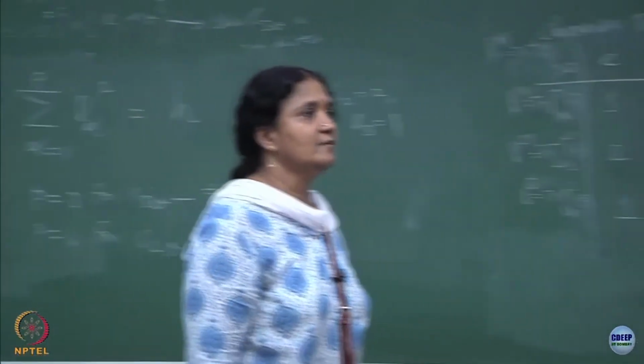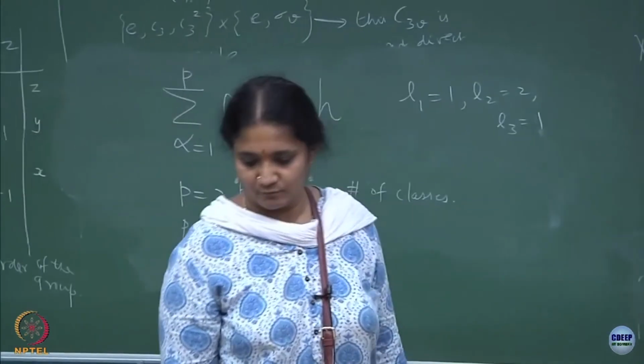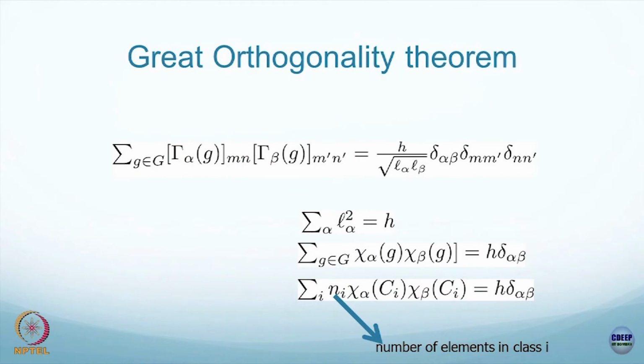That is where you get into the great orthogonality theorem. So, the great orthogonality theorem involves the matrices with matrix elements which you can multiply, and alpha and beta have to be the same. That is what I said, between two different rows alpha is different, it has to be orthogonal, right. The delta alpha beta takes care of orthogonality between row 1 and row 2, row 1 and row 3, row 2 and row 3 and so on.